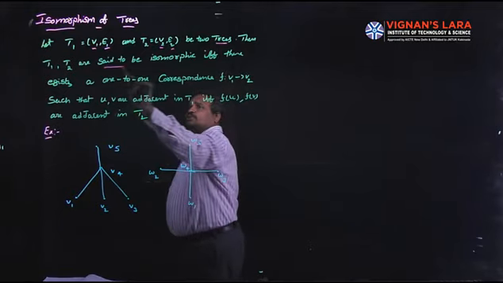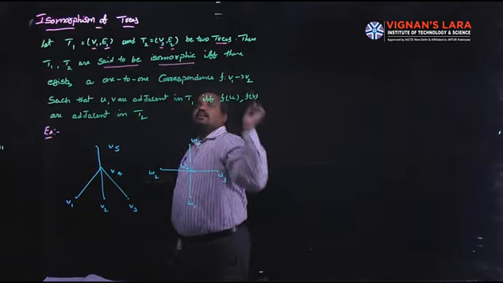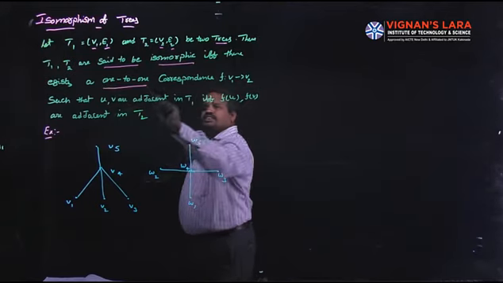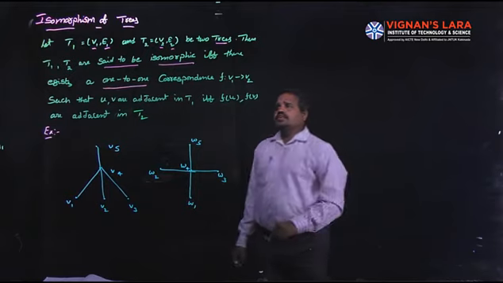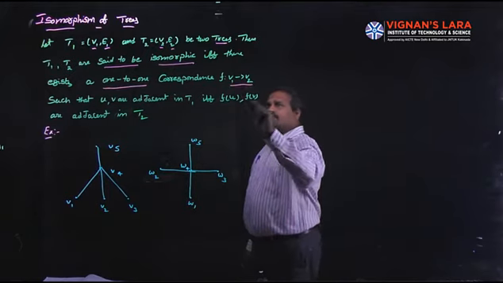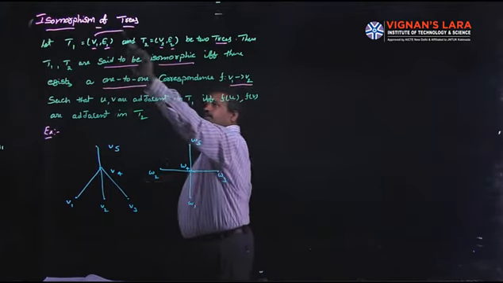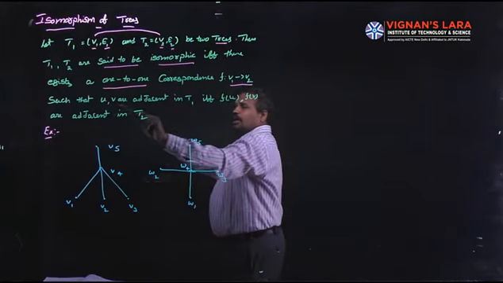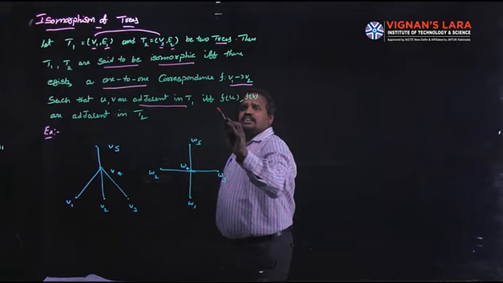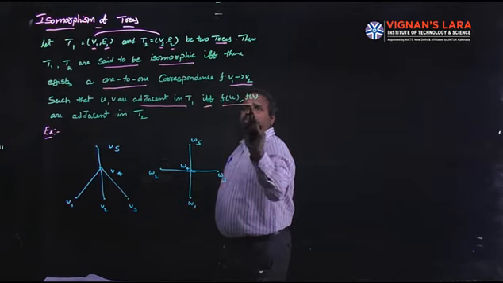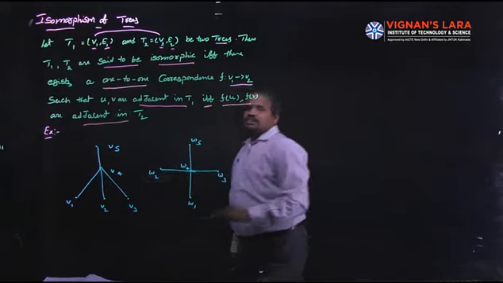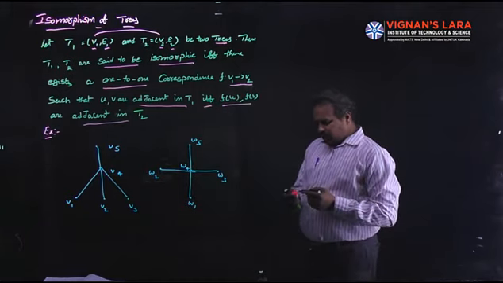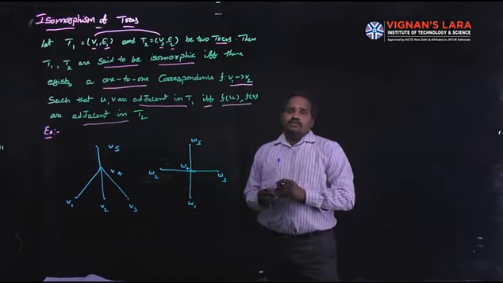Then these two trees are said to be isomorphic trees if and only if there exists a one-to-one correspondence F from vertex set V1 to vertex set V2 such that u, v are adjacent in T1 if and only if their images are adjacent in T2.